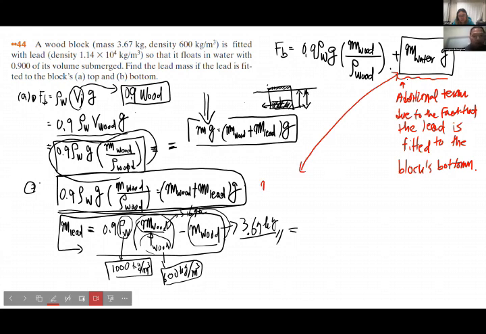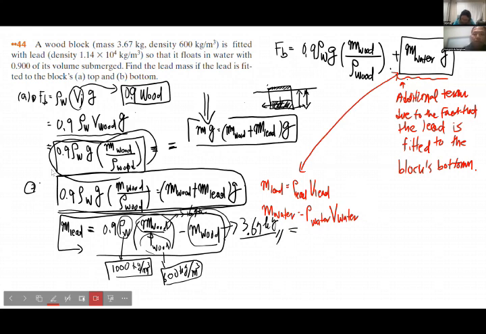The mass of lead is obviously the density of lead times the volume of lead, and the mass of water is also the density of water times the volume of water in that portion at the bottom of the block.